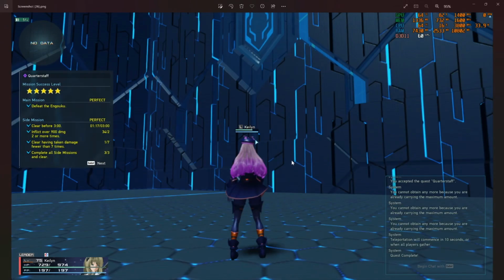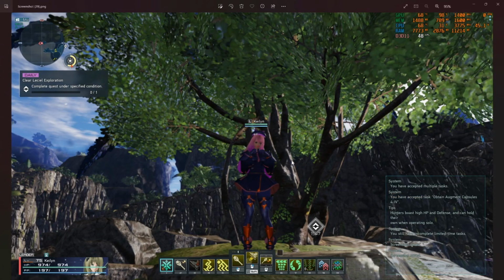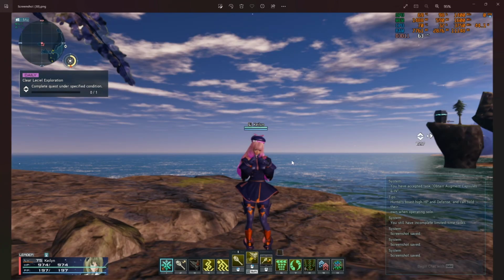So these three screenshots and the frame rate really are an indicator of having to actually wait for frame rates to normalize.